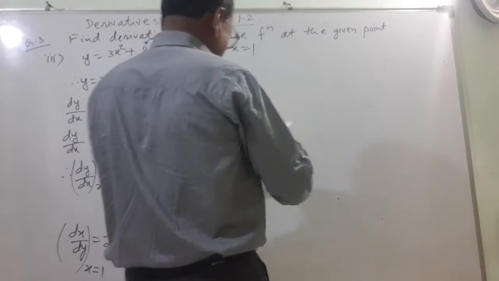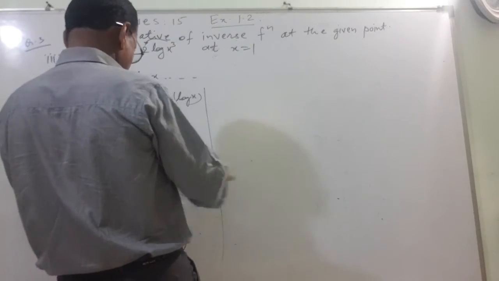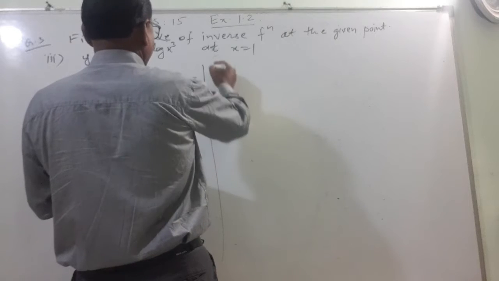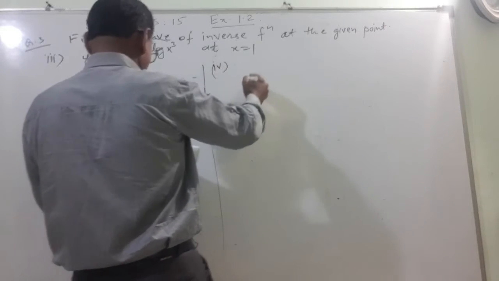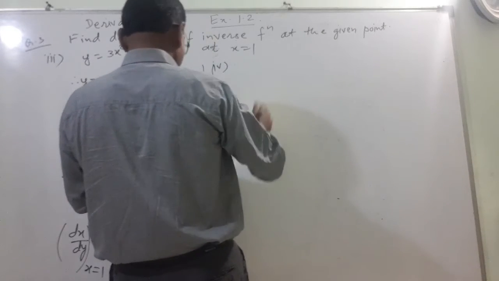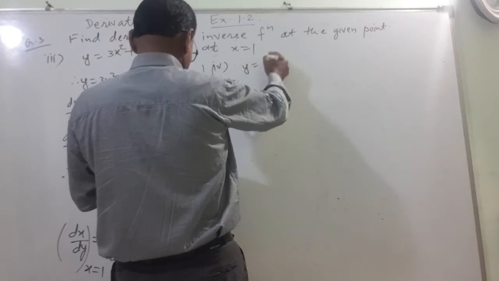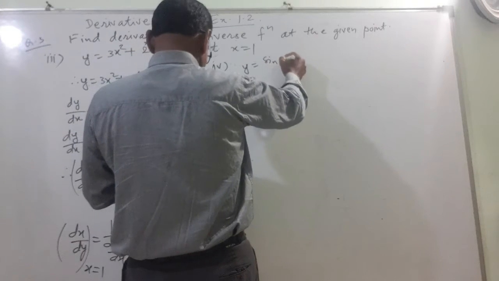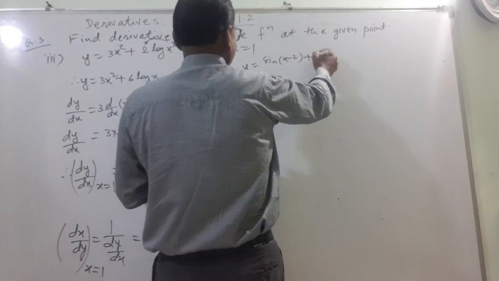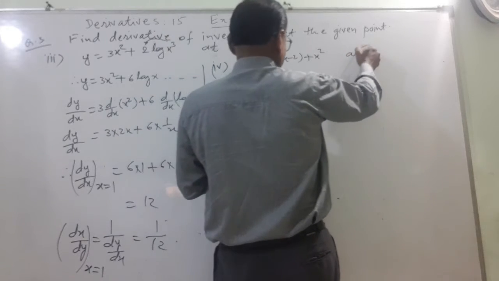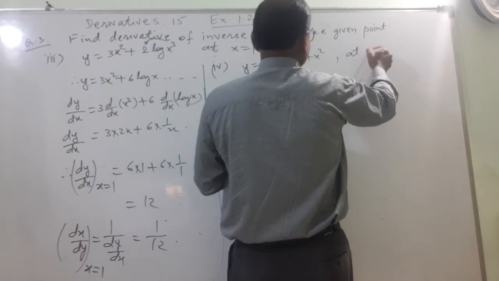So now another question from this. Fourth one I am going to take. Y is equal to sine of x minus 2 plus x square at x equal to 2.